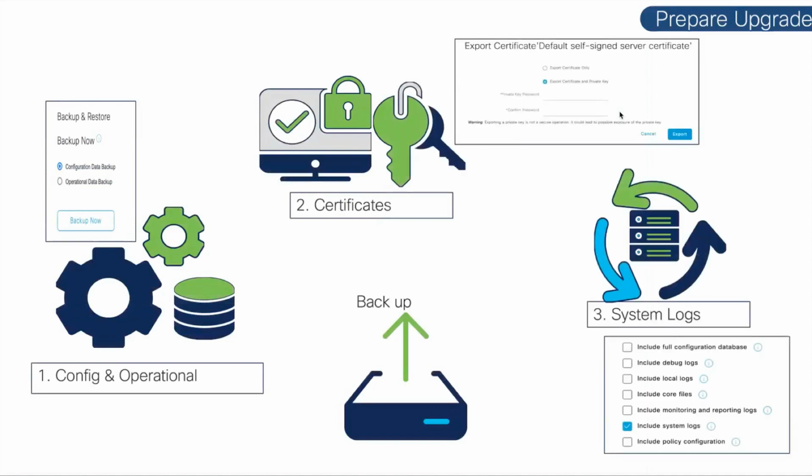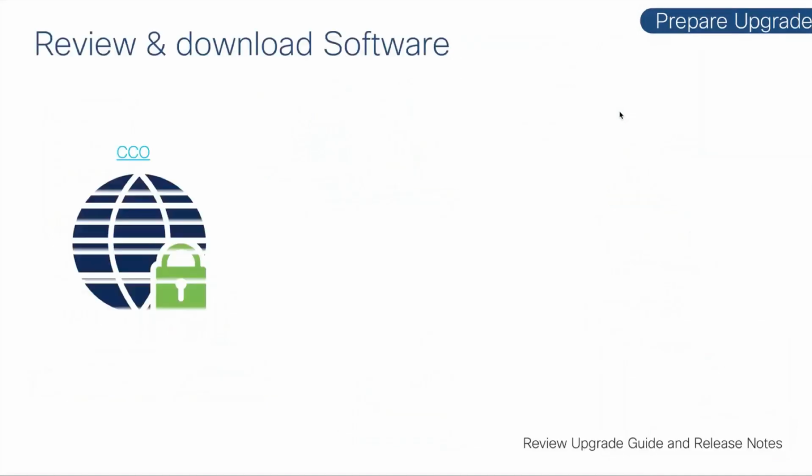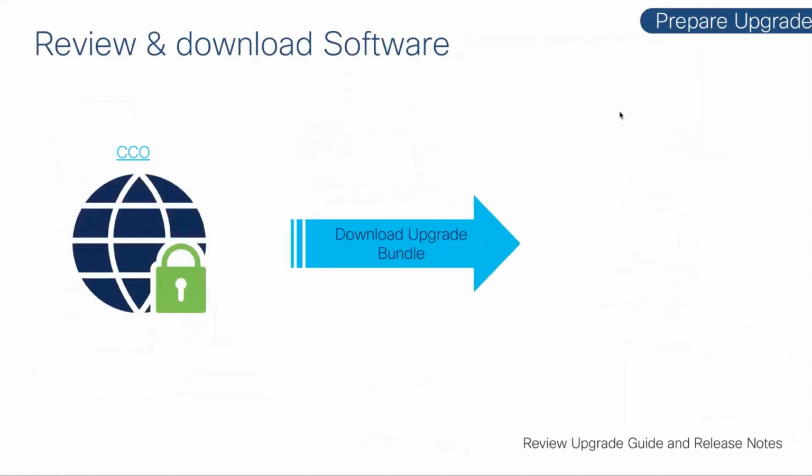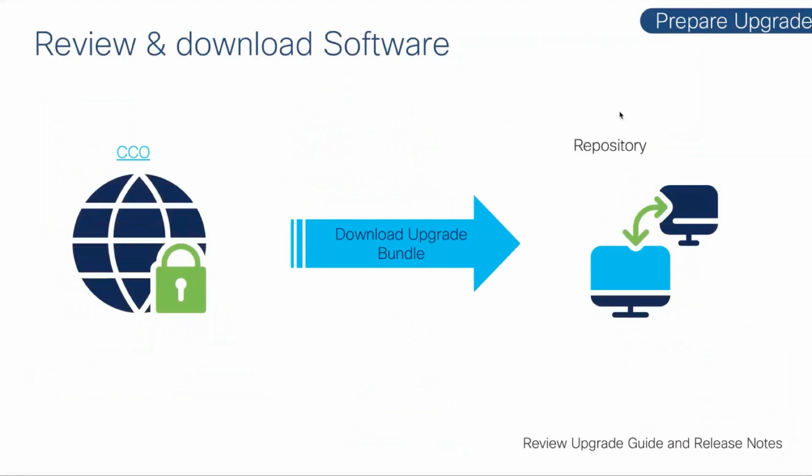You've got to take a configuration and operational data backup, take a certificates backup, take a system logs backup, and download the upgrade bundle from the CCO and keep it in the repository so that you can upgrade your deployment from the repository to the latest version.